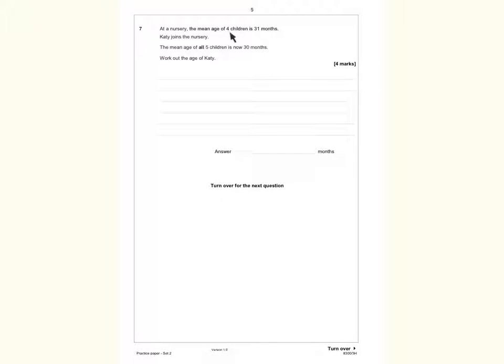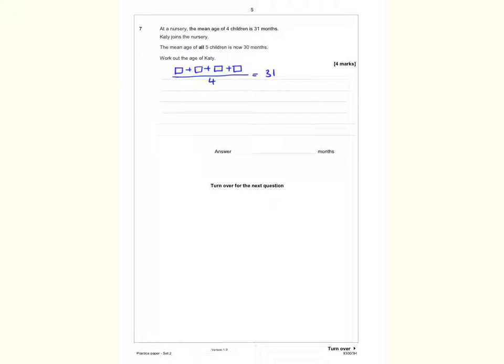We know that there were 4 children, and if we were to add up their ages and divide by 4, that will give us 31 months. So there might be 4 possibly different values, and if we were to divide that by 4, we get 31 months.